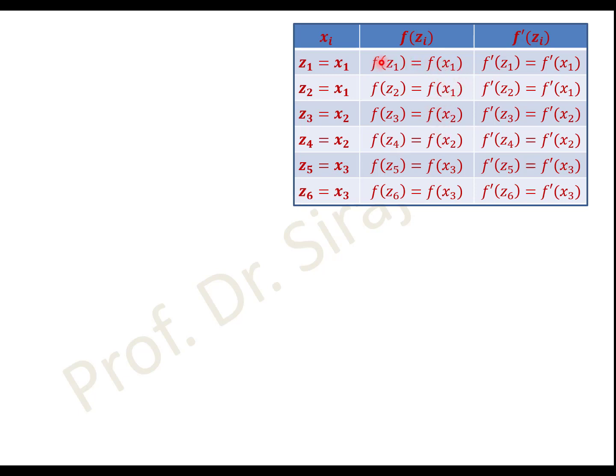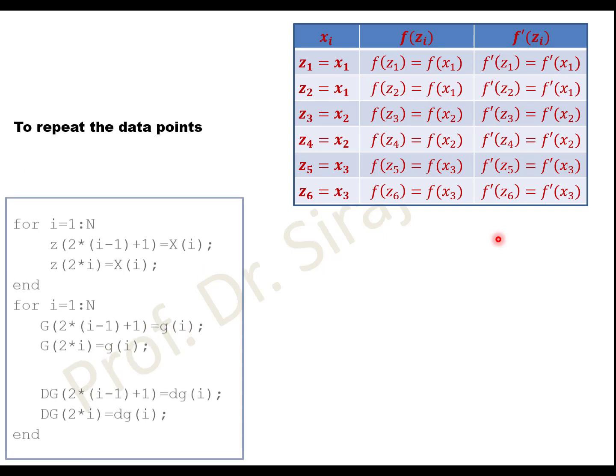You can see these two values are the same, these two values are the same, and these two values are the same. Similarly, the derivatives at z1, z2 are the same, at z3, z4 are the same, and at z5 and z6 are the same. So what will be the next target? The next target will be to repeat the data points. So let's repeat the data points.